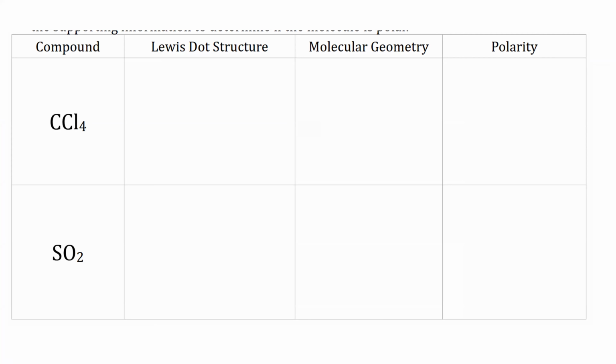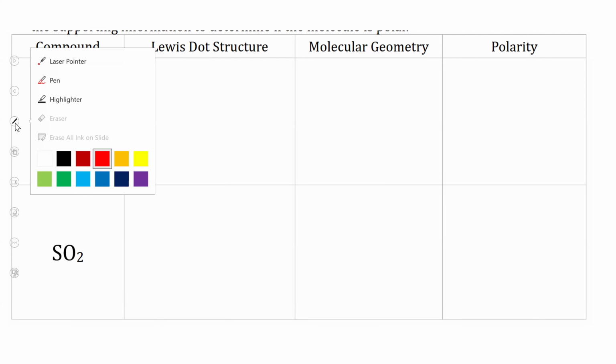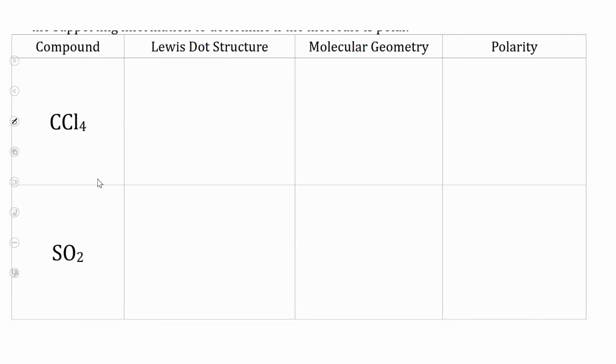All right. Who's ready to tackle the calculations part? The tricky part. Well, we'll start with the Lewis dot structures first. So what are our steps for Lewis dot structures?